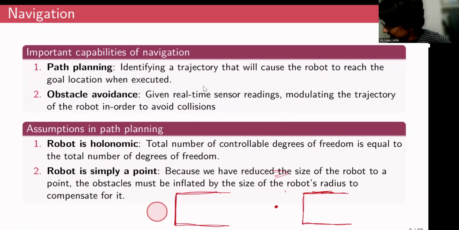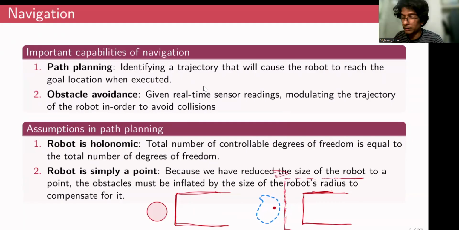If you consider this to be the inflated size of the obstacle, to account for that shrinking of the robot into a point, right? So we consider the collision to occur when this point actually crosses this inflated area or this inflated perimeter.